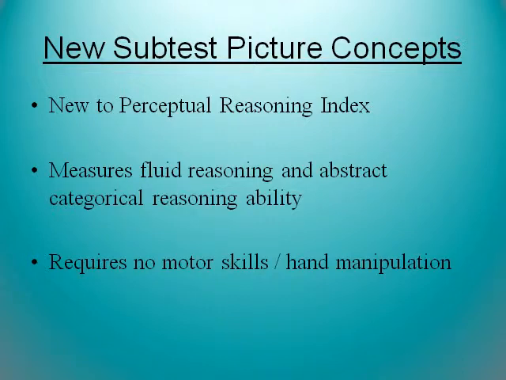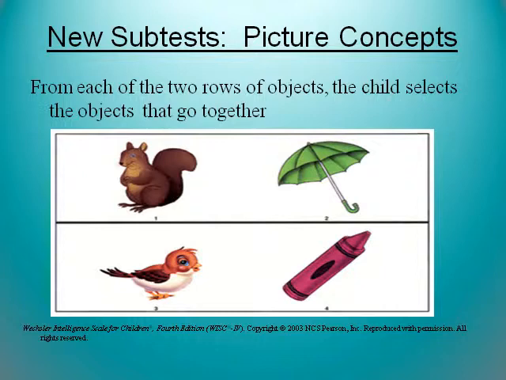All right, so new to the perceptual reasoning index. That's why I have these guys. Picture concepts. It measures fluid reasoning and abstract categorical reasoning ability. Also requires no motor skills. Child is presented with 2 or more rows of pictures and chooses one picture from each row to form the group with the common characteristic.